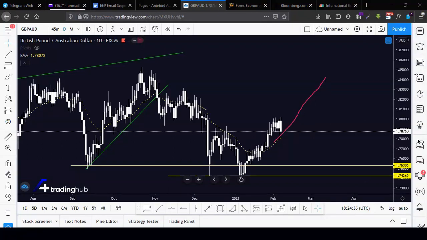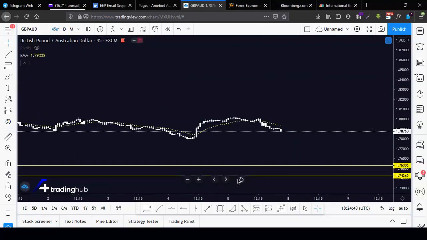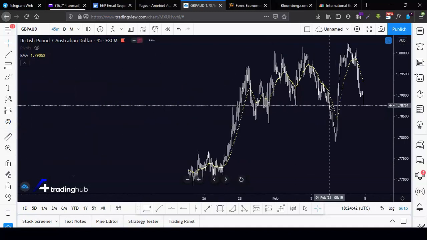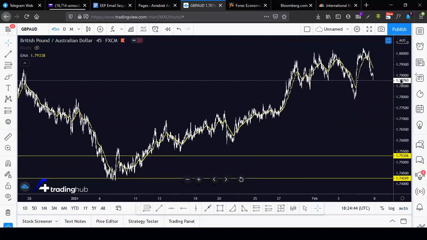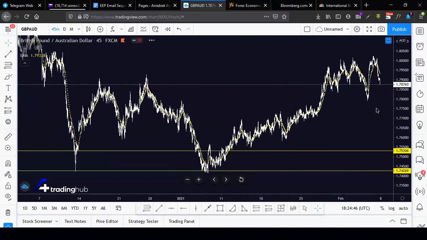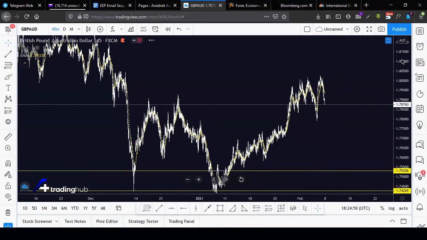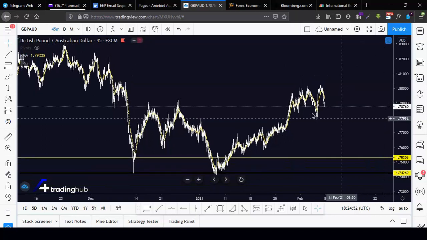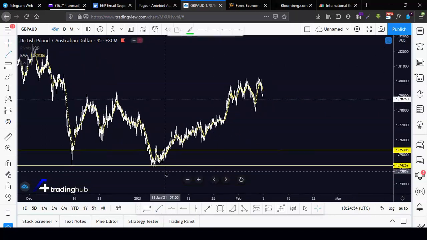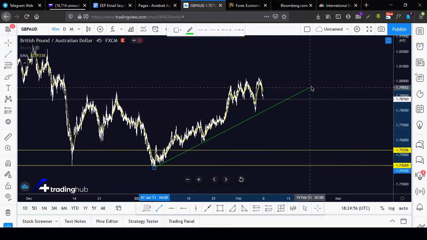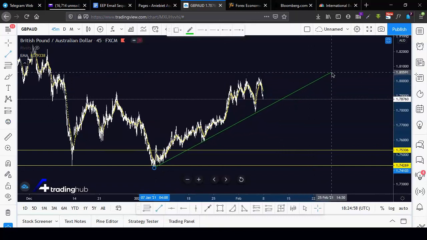Let me briefly move into the entry time frame. So this is what is happening on the entry time frame on pound AUD. Let me shrink that chart. Alright, you can plot this trend line on your own charts.